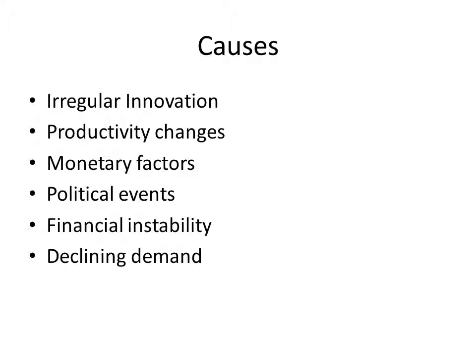Second are productivity changes. These are important. What we usually find is that when the economy goes downhill and we get into recession, productivity declines. And until you can increase that productivity, companies are really not going to be able to hire people or raise wages. So productivity changes become very important.